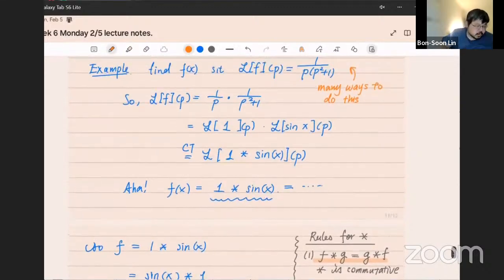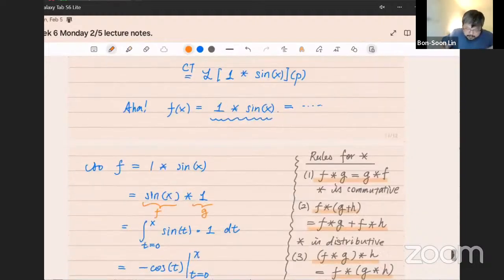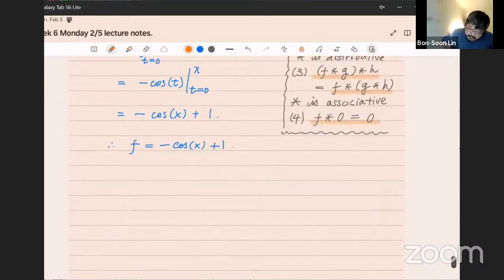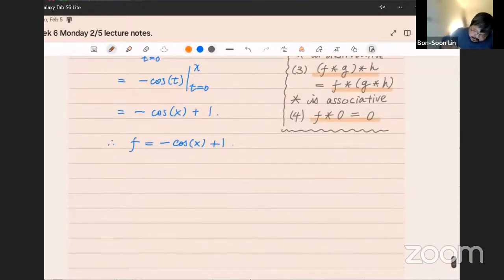Let's see one more example of this, and then maybe we'll call it a day. One more example. Okay, so this is where convolution may shine.